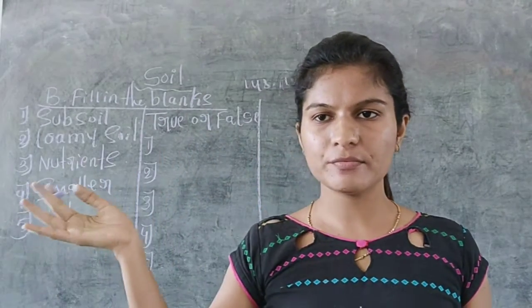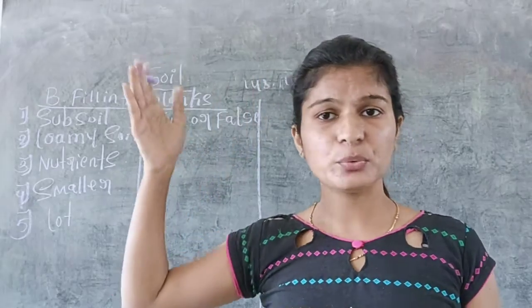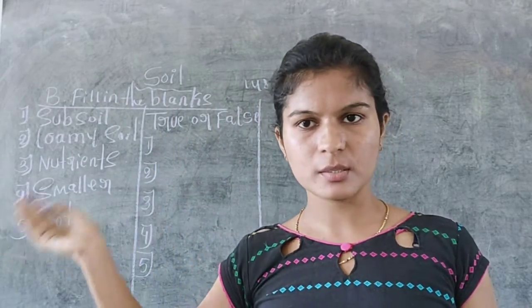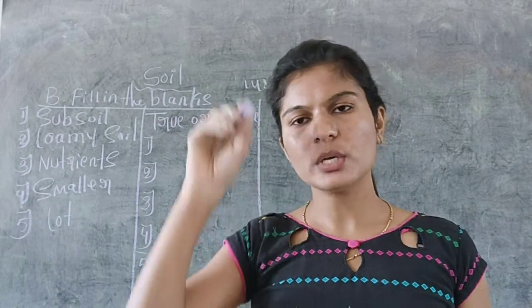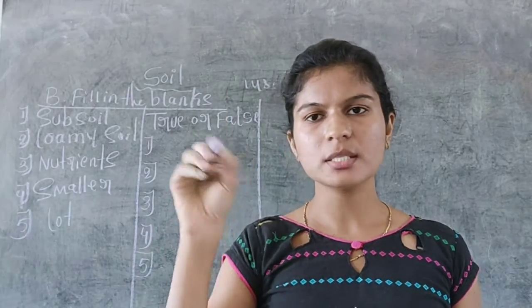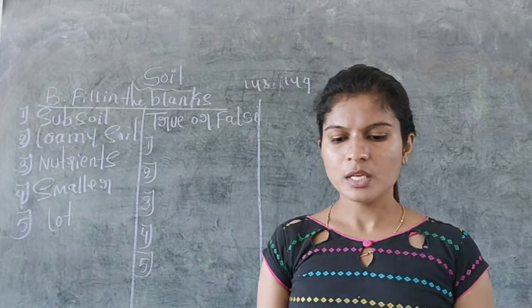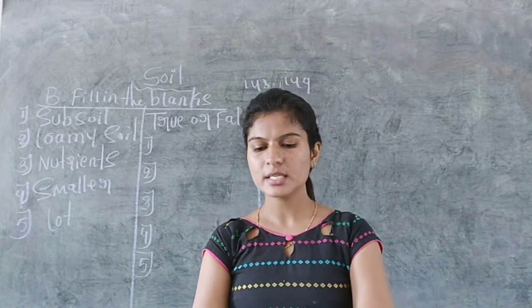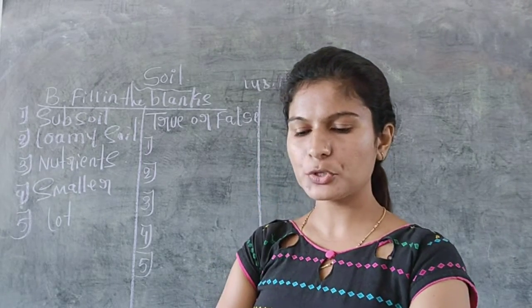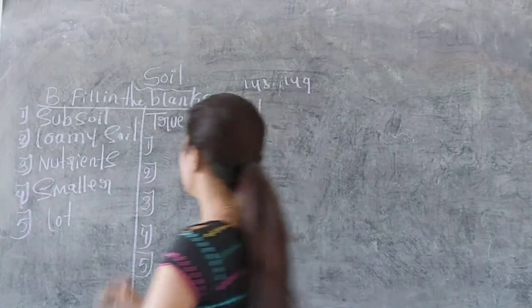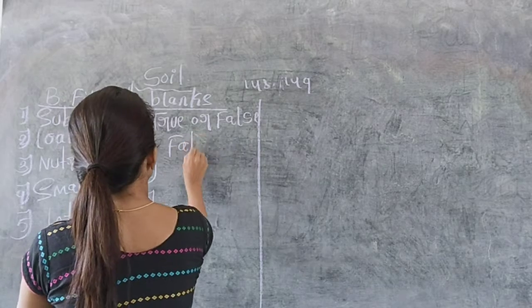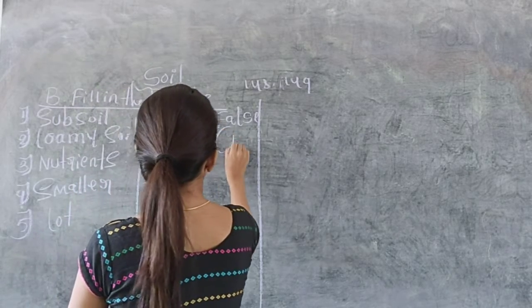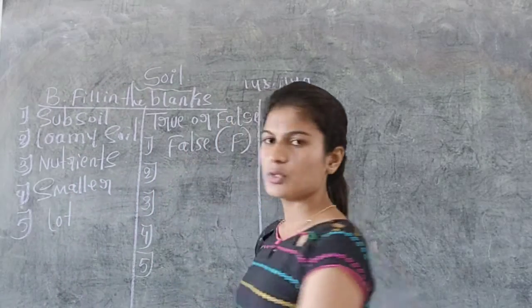You don't have enough space to write true, false. Okay. So if it is true, write T. If it is false, write F. Okay. So the first one is, clay doesn't allow much water to pass through it. Is it? No, it is false. You can write false like this, or you can write F here.